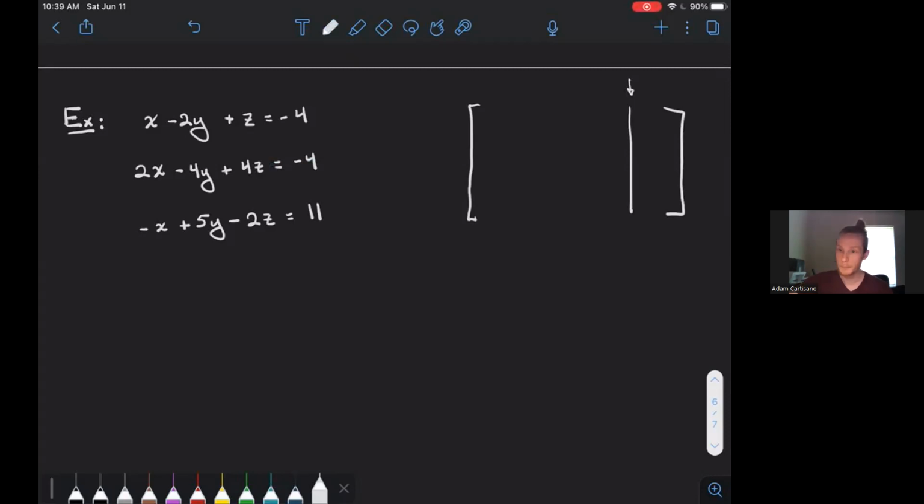By the way, a matrix is a grid of numbers, and the word matrix actually comes from the same word as matriarch, with womb connotations, and the idea is that wrapped up inside the brackets is the contents of your linear system, right?